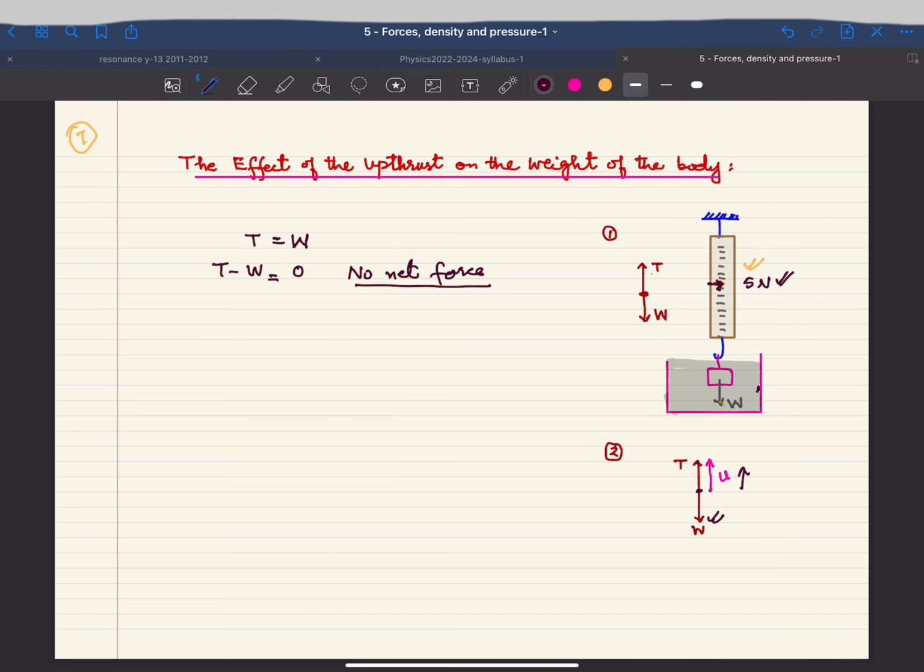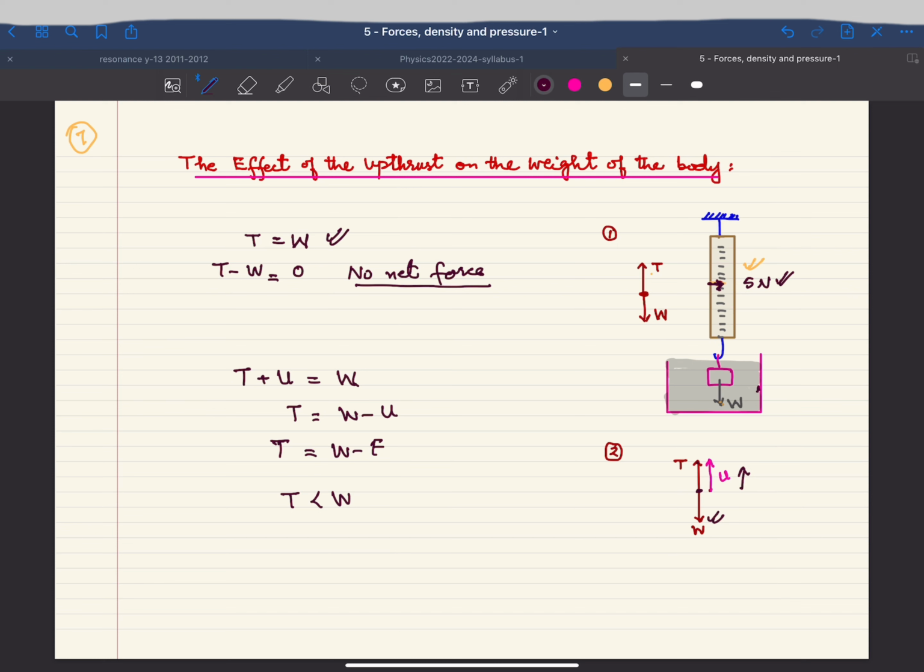So there are two forces, tension T plus upthrust U, and one downward force. So the tension here is W minus U, or T is W minus F. Now T is less than W. In the earlier case T is equal to W, but in this case T will be less than W.